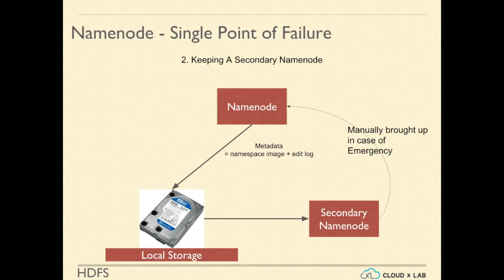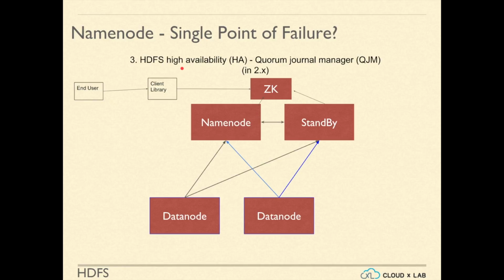To make the name node resilient, Hadoop 2.0 added support for high availability. This is done using multiple name nodes and Zookeeper. Of these name nodes, one is active and rest are standby name nodes. The standby name nodes are exact replicas of active name node.